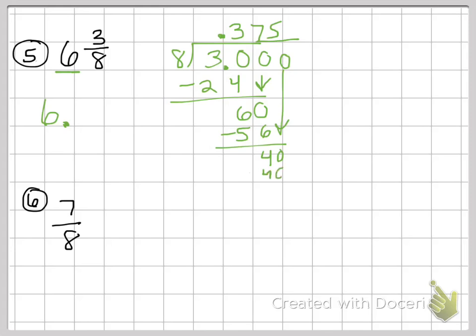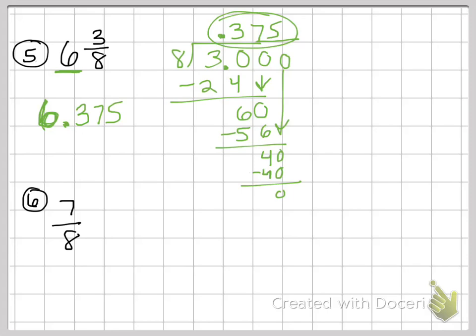Alright, so that worked out nicely. So 3/8 is the same as 0.375. Again, I have the 6 from my mixed number as my whole number represented here, and then I just put 375 behind the decimal. So these are equivalent.